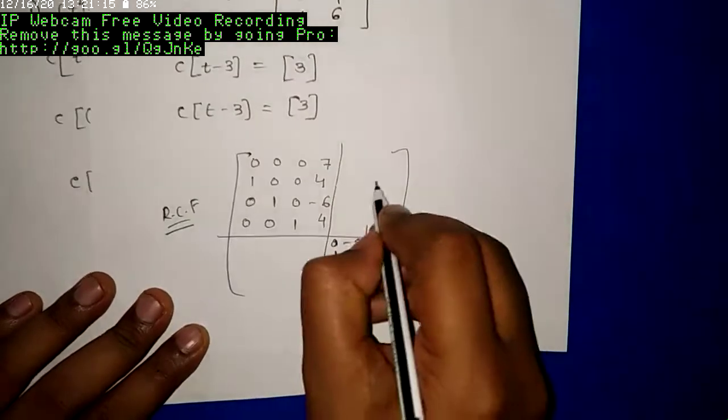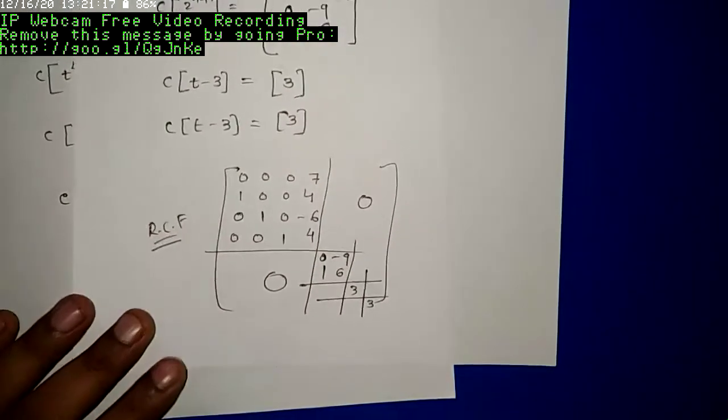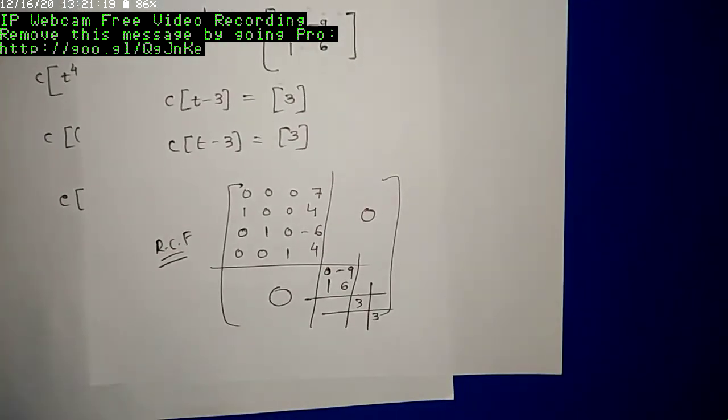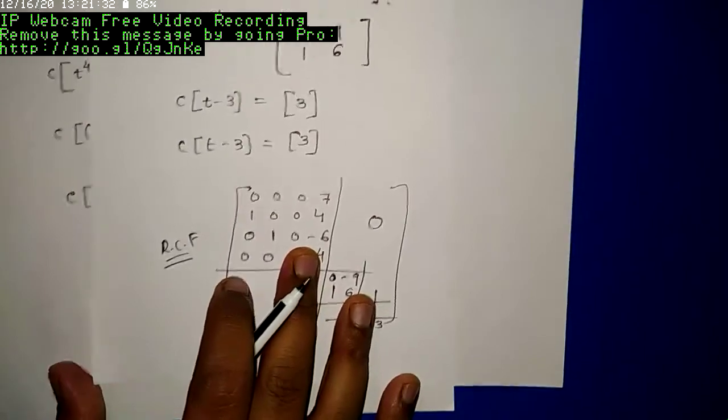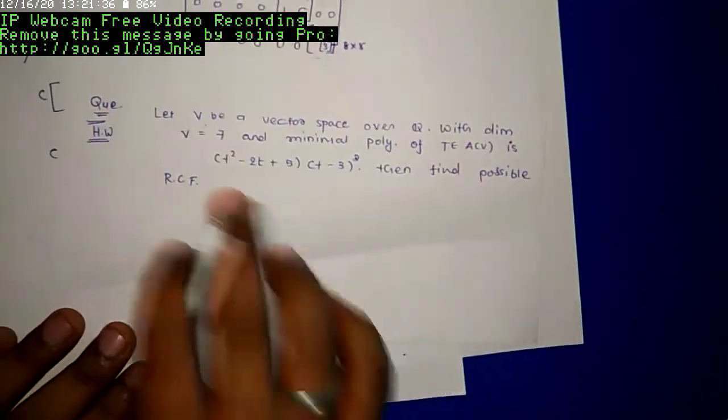All other entries are 0. So this is our RCF. So in this example, the possible RCF is 2, and the order of the RCF is 8 cross 8. Now I leave this example for you.